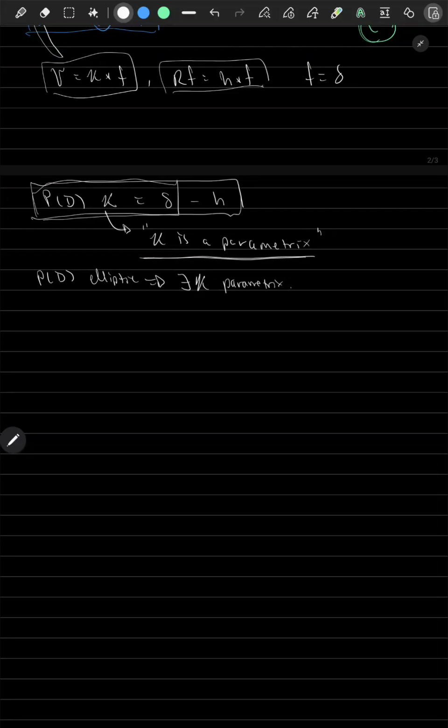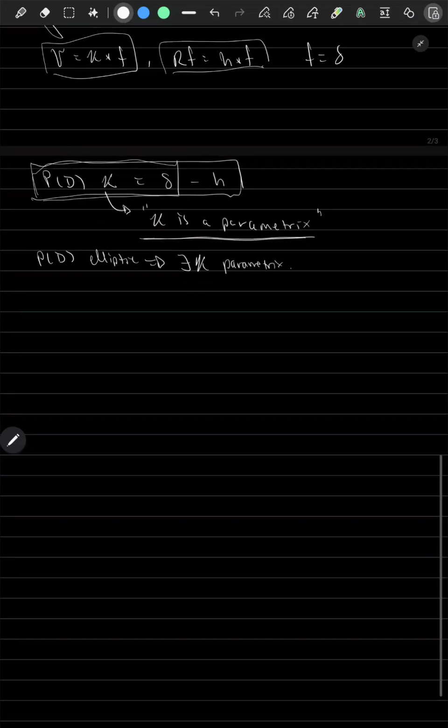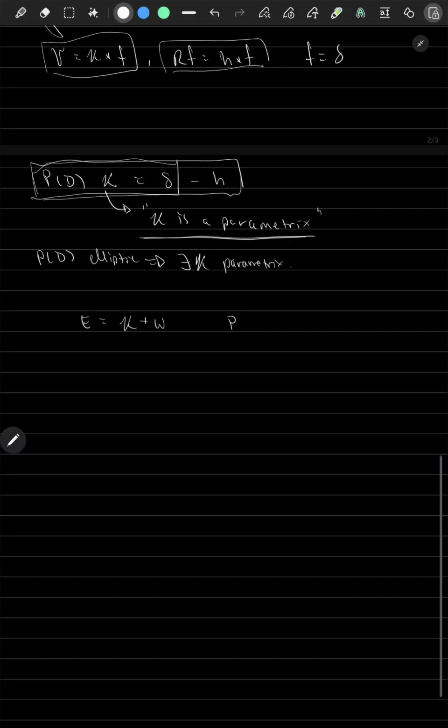So if we've gotten this far, then we can define a fundamental solution E in this way, and you can check that it's a fundamental solution later. But so we can define E as K, which is our parametrix, plus some W, where W is the solution of P_D W equals H.